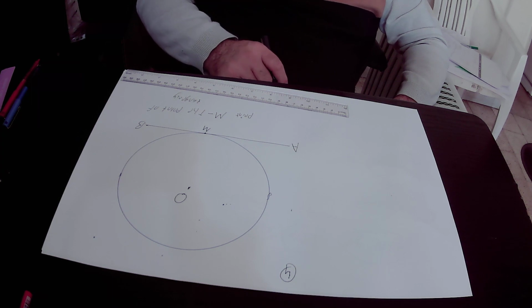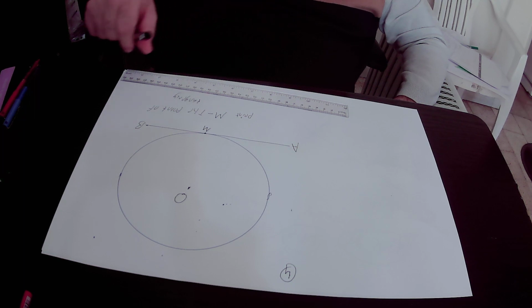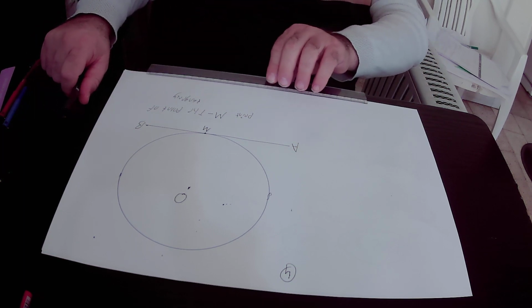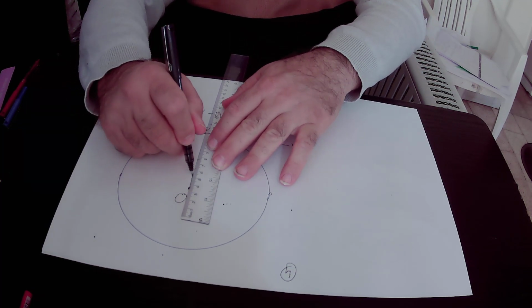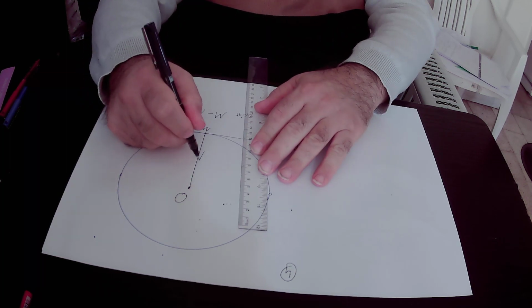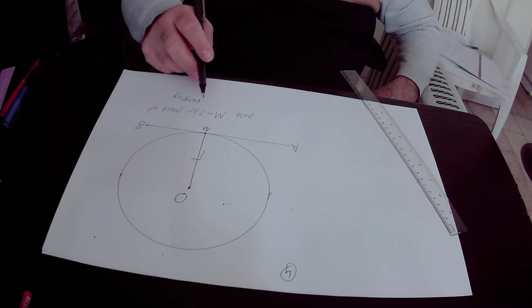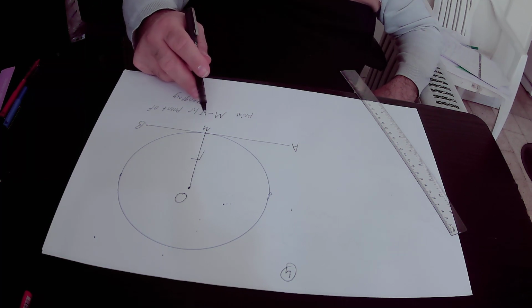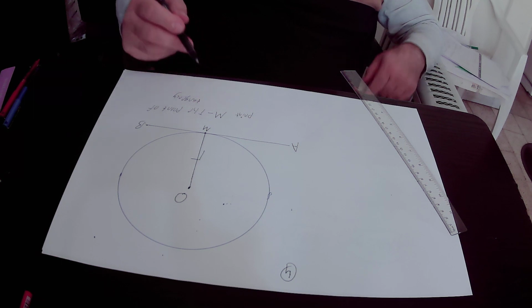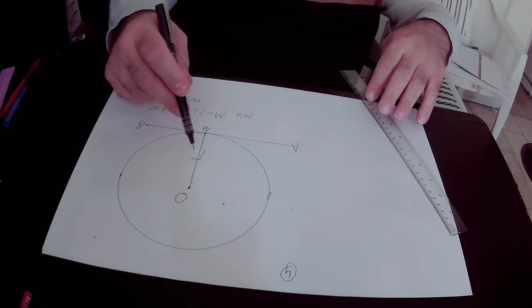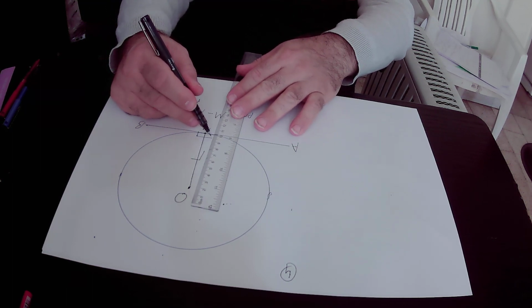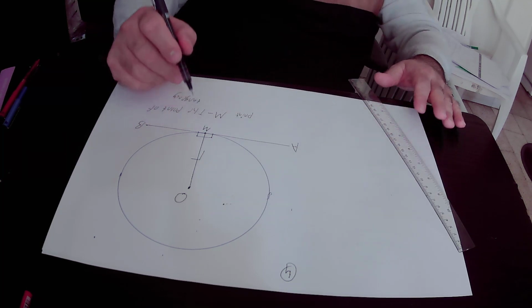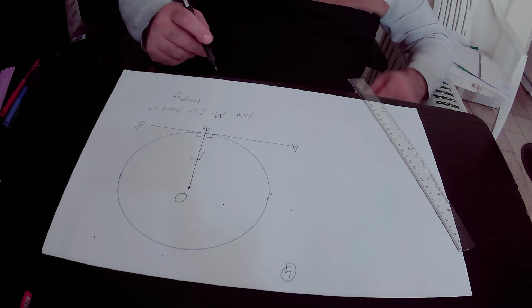Then we also have a radius that starts from point O and ends at point M. So this radius is drawn to the point of tangency, that is to say, to point M. Therefore, according to rule number 2, the tangent AB is perpendicular to this radius, that is to say, this angle is a right angle, it equals 90 degrees, and this angle is also a right angle, it equals 90 degrees.